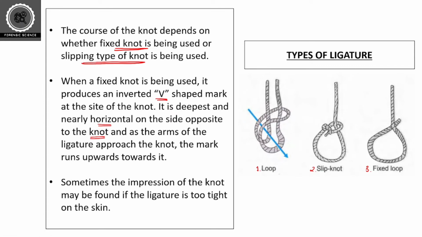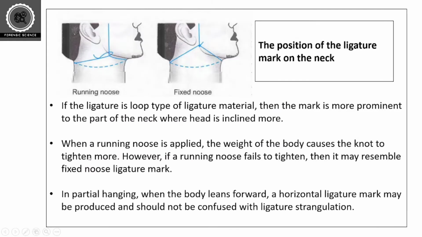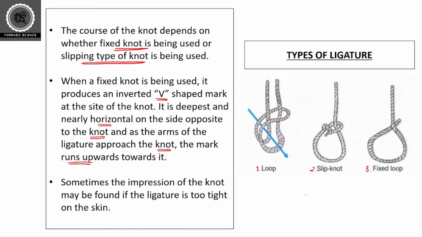As the arms of the ligature approach the knot, they run in an upward direction. For example, this is the knot and it creates an inverted V shape here, and when it runs towards the knot, it goes upward.